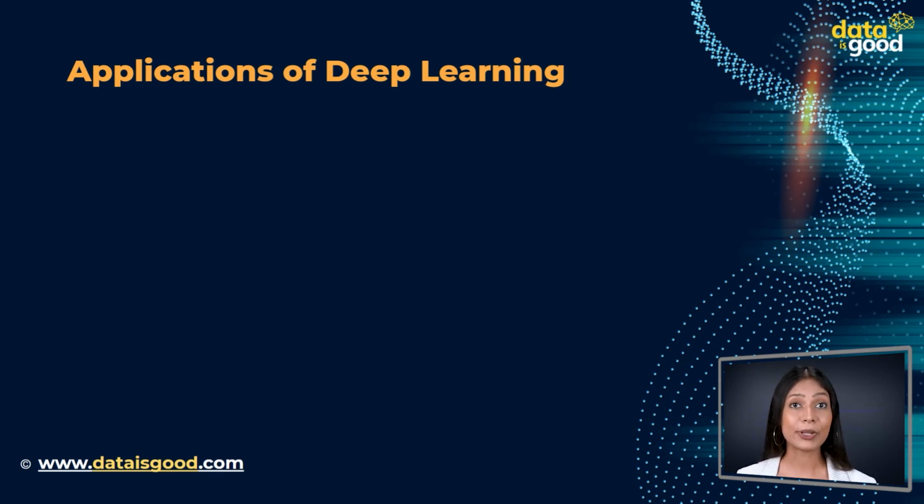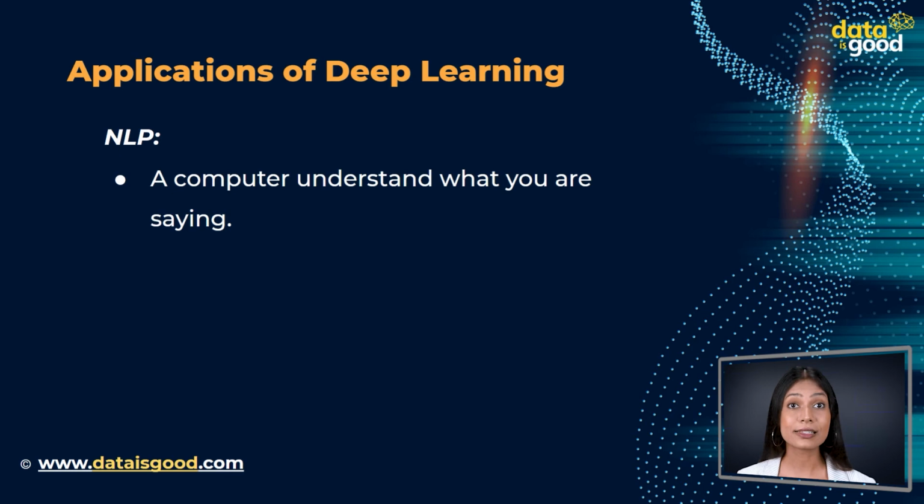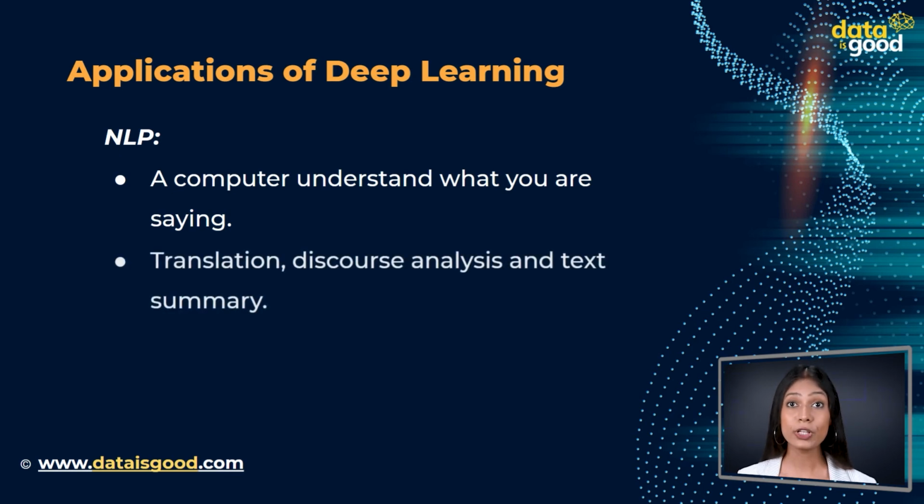The usual applications of deep learning include natural language processing, image processing, speech recognition, etc. Natural language processing is the process of having a computer understand what you are saying, useful for translation, discourse analysis, and text summary.